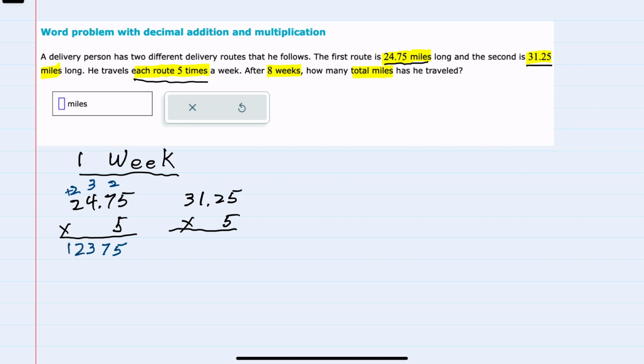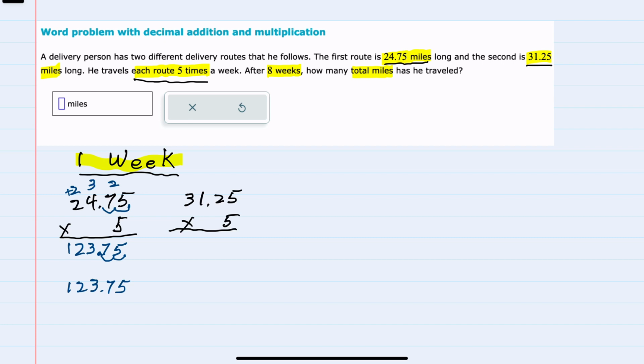And then to figure out where the decimal goes, I see that I have 2 total decimal places, so we move our solution decimal 2 times. He drives route 1, 123.75 miles in 1 week.